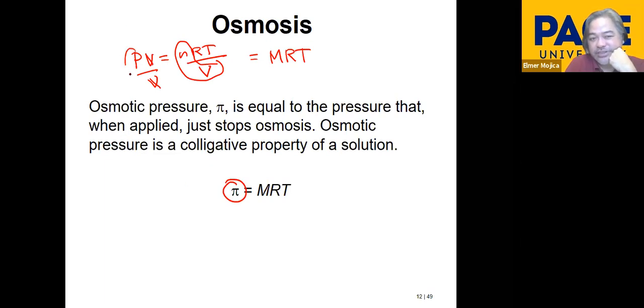The P that you have here is just the pi, that's just the pressure, but it's only applicable in the process of osmosis. In vapor pressure lowering, you have mole fraction. In freezing point depression and boiling point elevation, you have molality. In osmosis, you have molarity. And as you can see here, as the molarity increases, your osmotic pressure also increases.